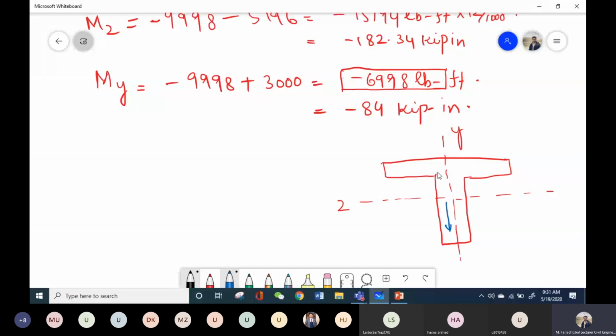As I can see from here, my My is acting in the negative y direction. So this is my My of minus 84, and my Mz is also acting in the negative z direction. So this is my Mz.